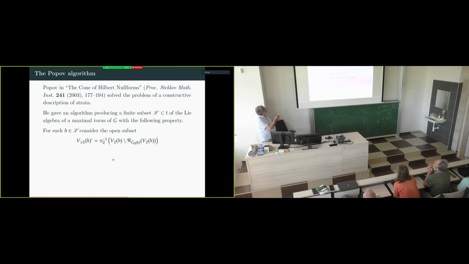This is all for the theoretical part. It's now finished. So now we come to the description of the algorithm of Popov, which is in his paper from 2003.